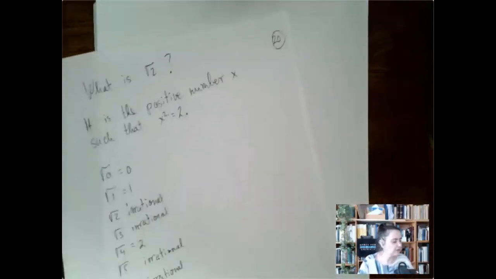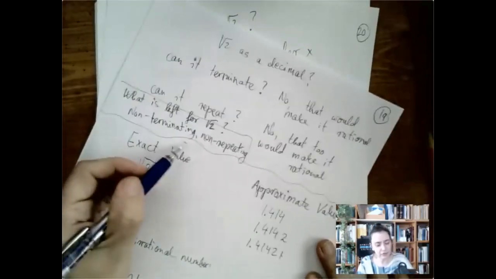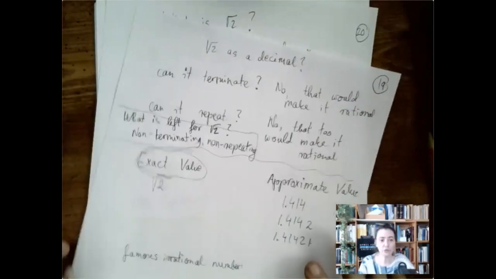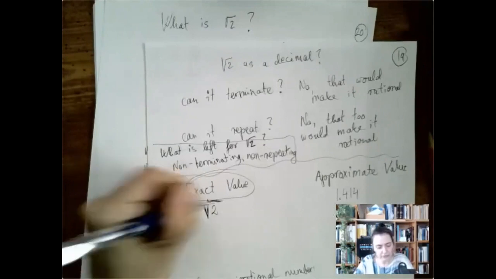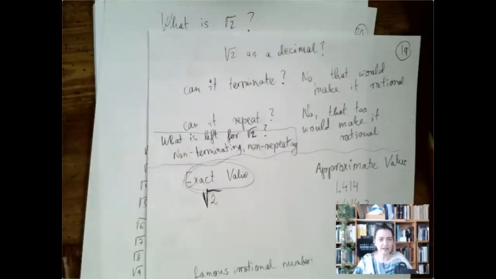So if we want to compute using exact values, we're going to have to carry these symbolic things like square root of 2. And that's interesting, actually. Operating with those radicals is interesting.